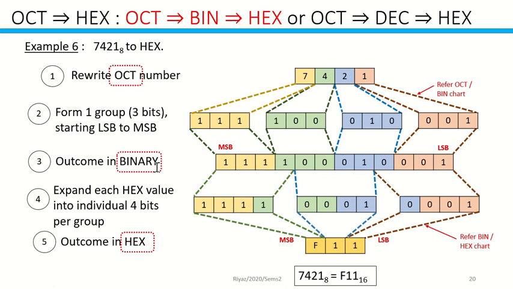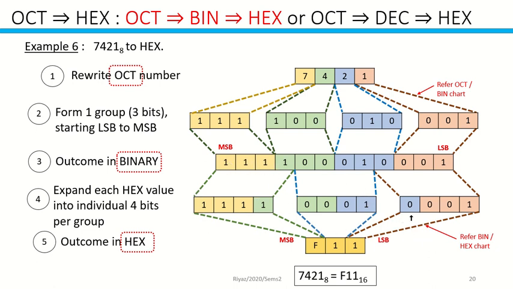So next, from the binary you need to change to hexa. Like I mentioned earlier, one hexa digit is equal to 4 bits. So you start from bit number 1, bit number 2, bit number 3, bit number 4. So this will become one group. 1000 becomes another group, and 1111 becomes another group.